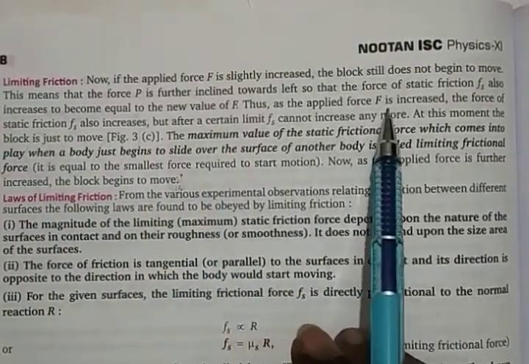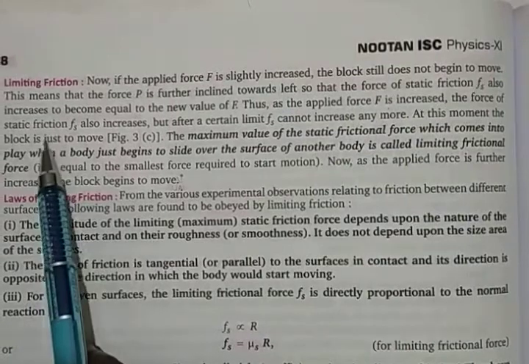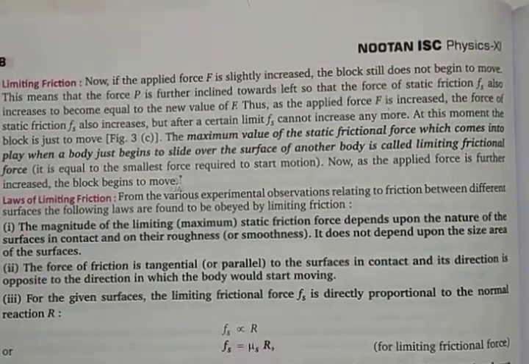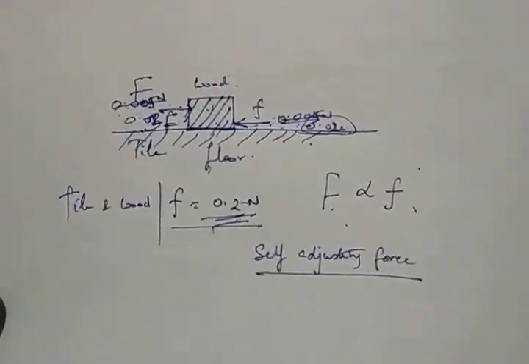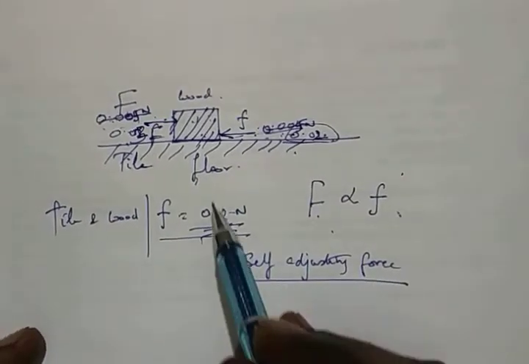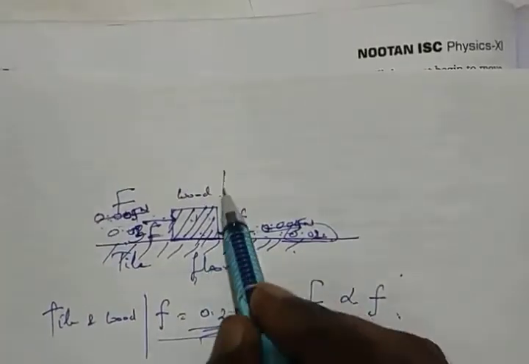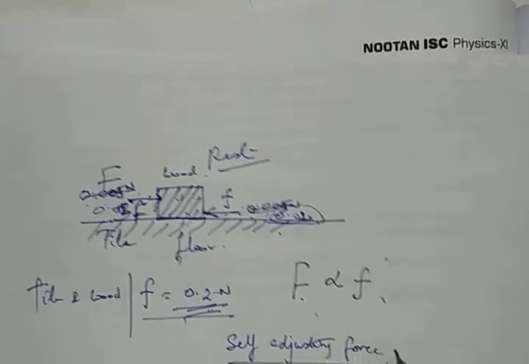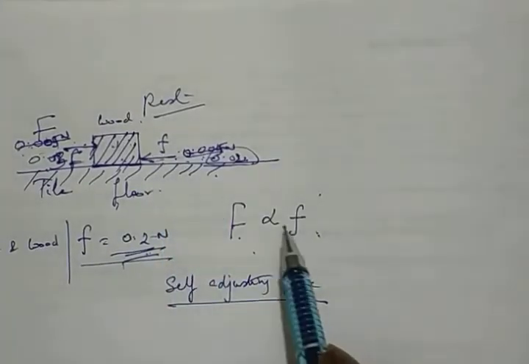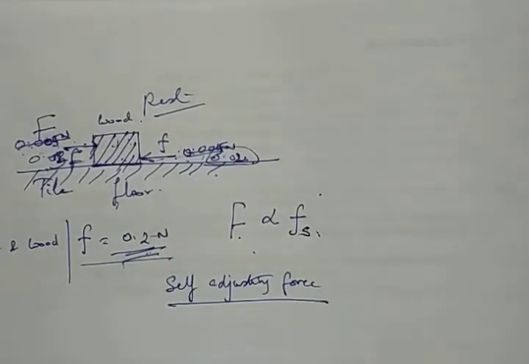Thus the applied force is increased and the force of static friction also increases. So this entire time the body is at rest, we call this force of friction static friction.